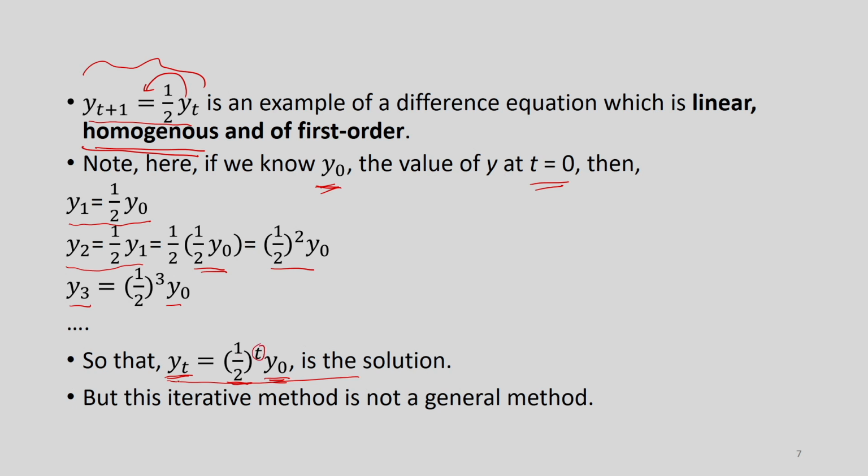So, this pattern that we are getting here will be called a solution. It will give me the value of y at any arbitrary point of time. If I am given the value of t, I can immediately tell you the value of y t. I will just put that t here, and I know what y 0 is, so I will get the value of y t. But this iterative method cannot be applied everywhere, it is not a general method.